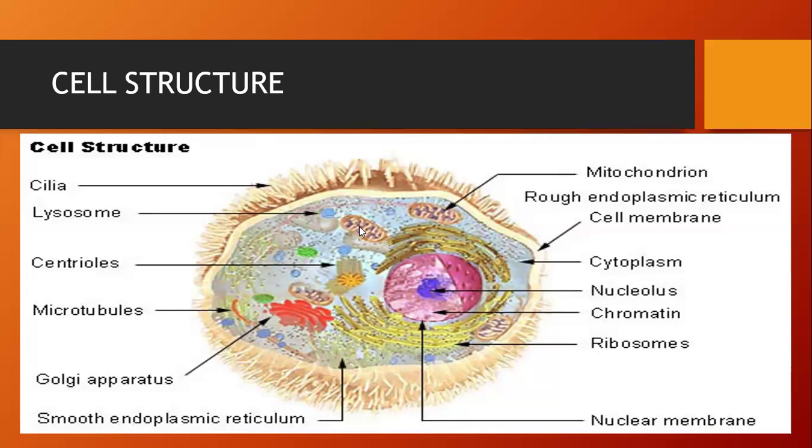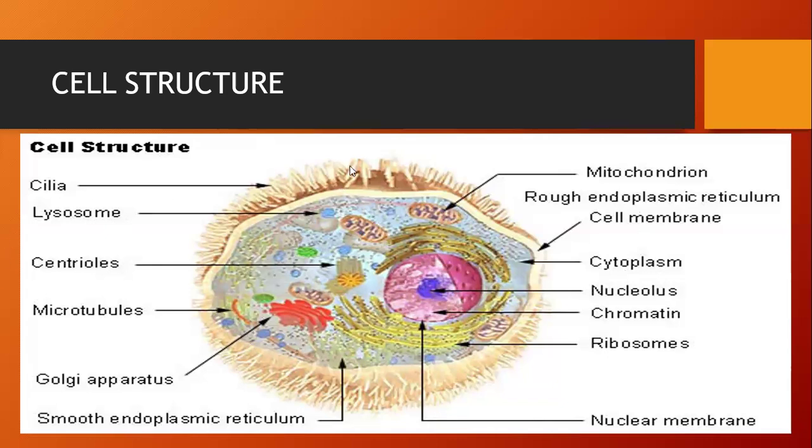So as I earlier stated, a cell contains living materials called the protoplasm, and the protoplasm contains two things, which include the nucleus and the cytoplasm. Okay, having known that, we're going to be talking about the function of each of these organelles in this particular cell. So I'm going to start with the cilia.